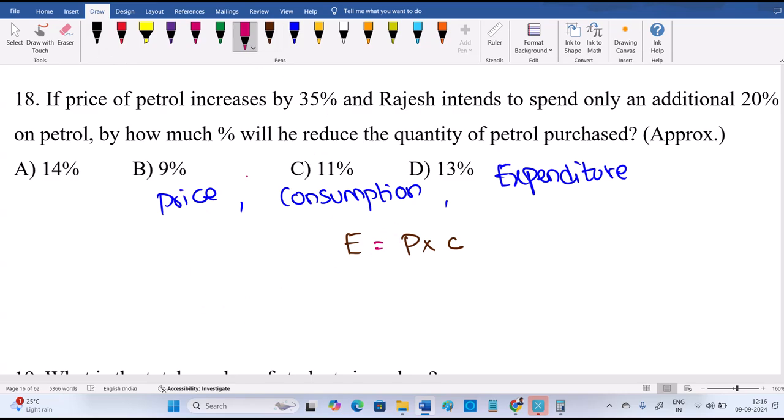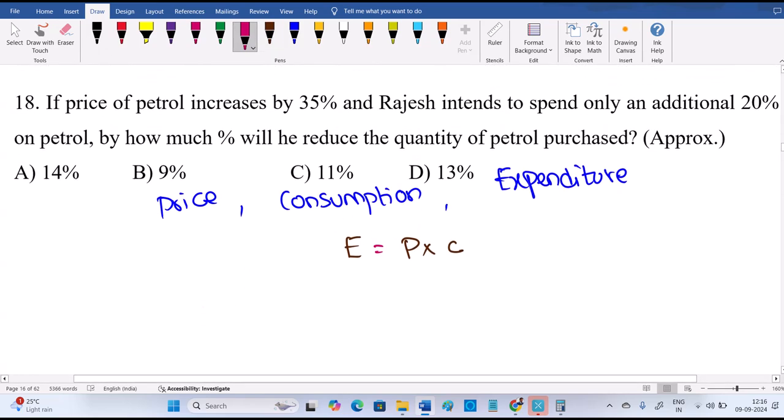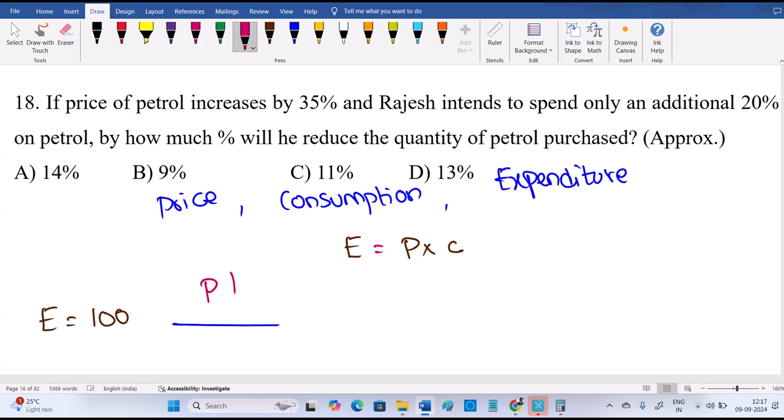Now see how the question is going on. Concept. See, I have 100 rupees in my pocket, right? Price increased, as expenditure is directly proportional to price. As price increases, expenses also increase the same way, 135 become.